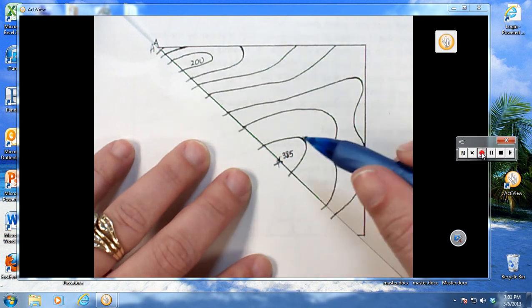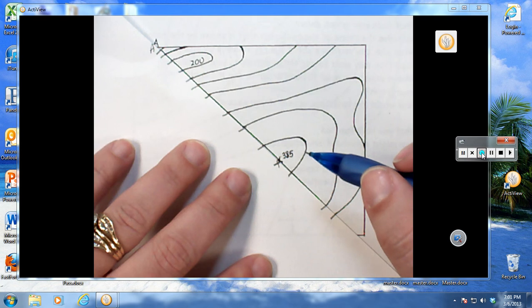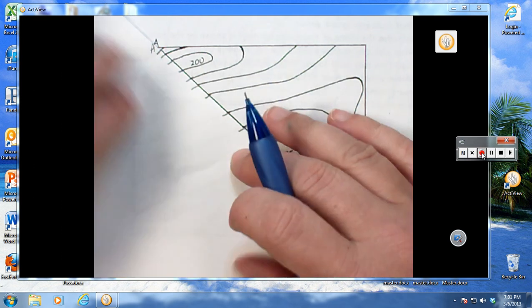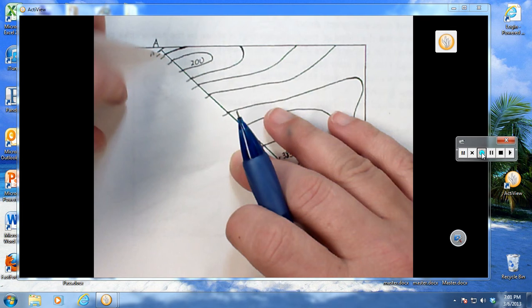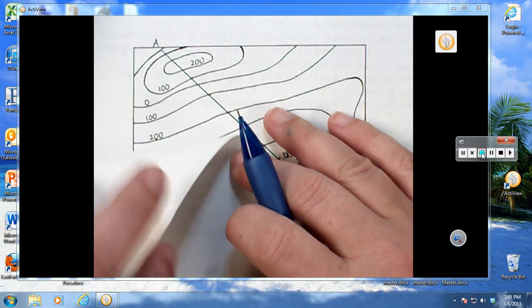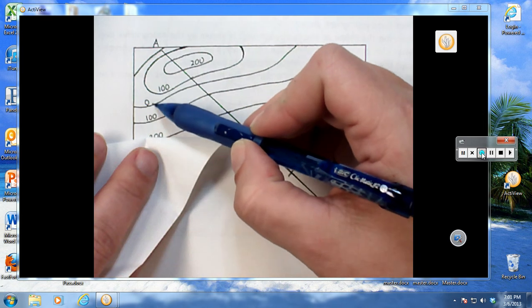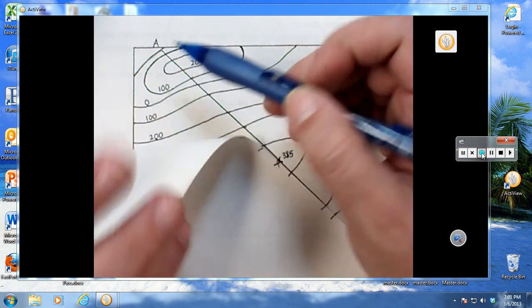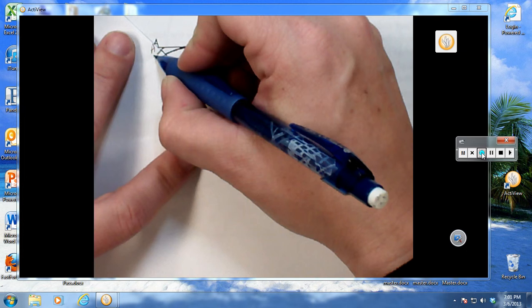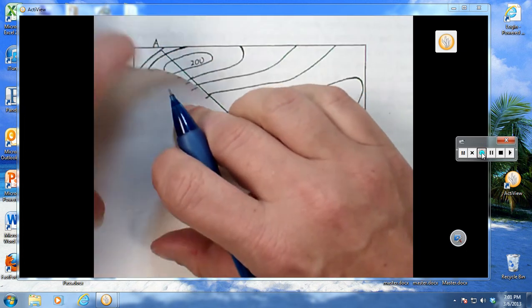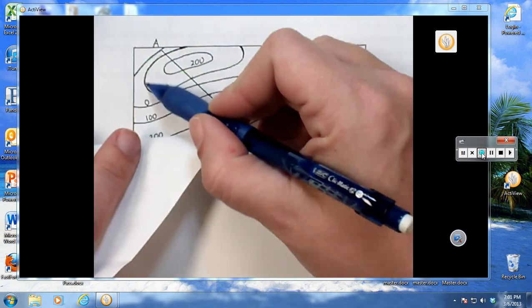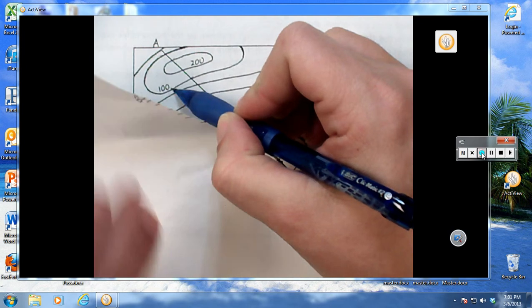Then it says to label each pencil mark with the elevation of the contour line. So this is where you might have to lift your paper up a little bit and see. So for example, this line right here was the first one that crossed. It comes around and it's marked at 0. So this very first notch is 0. The second notch, if you follow it around, it's marked at 100.